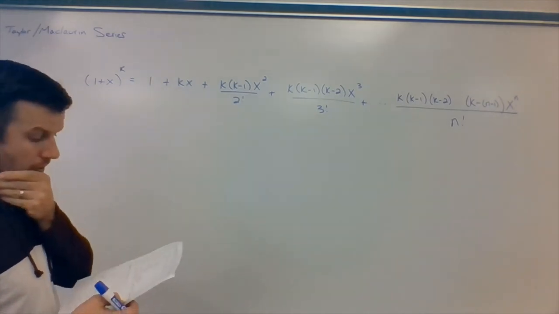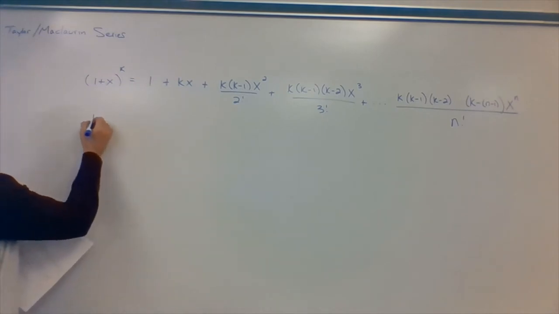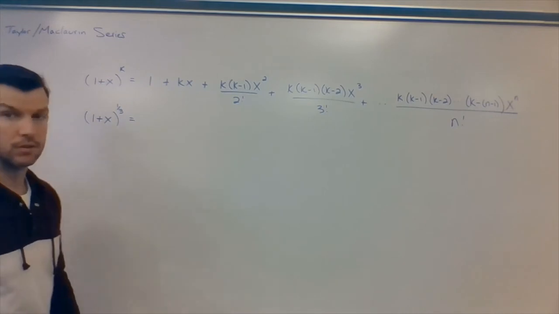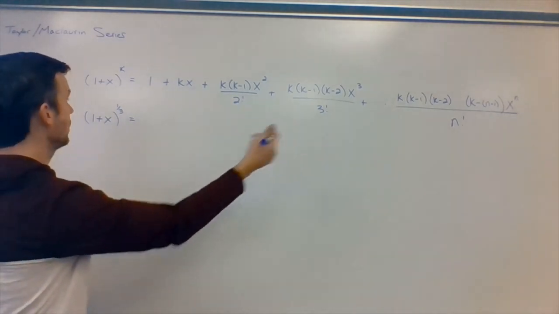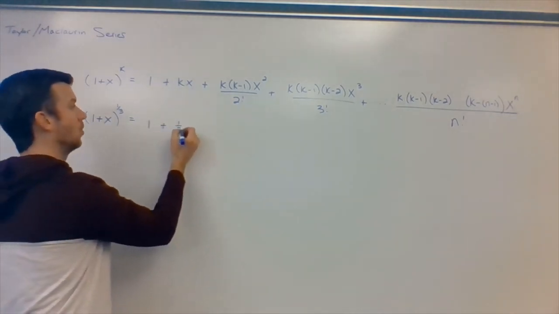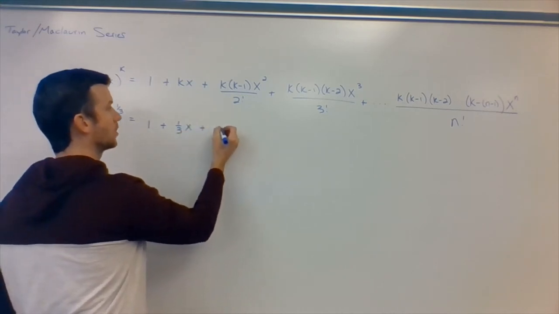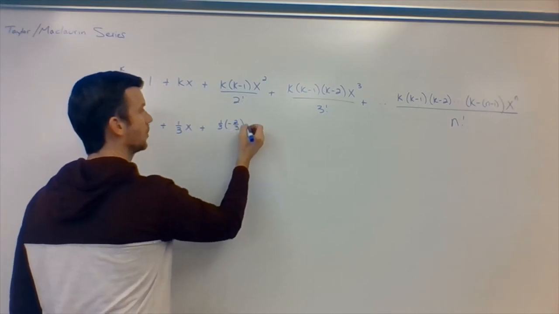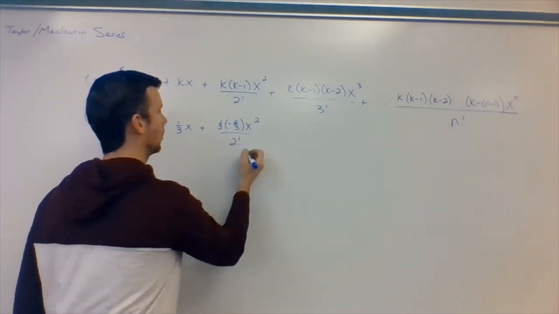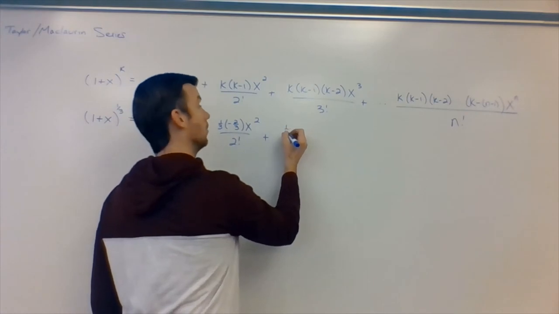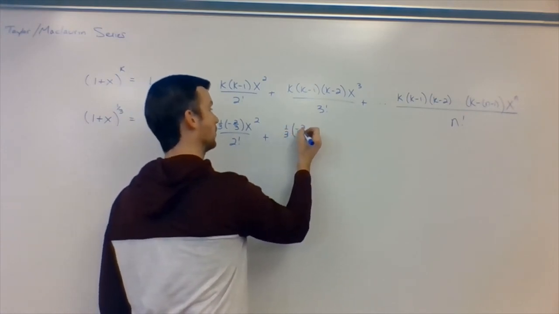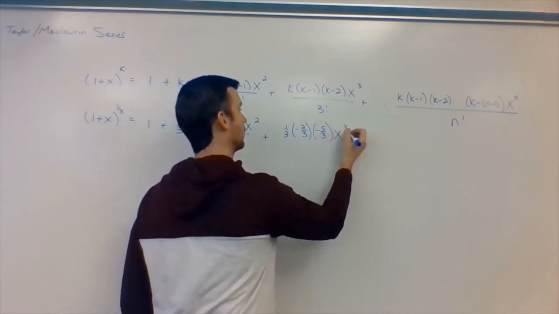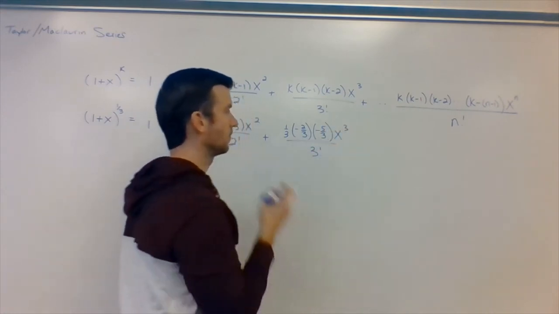Okay, so in example number 5, we have 1 plus x to the 1/3 because it's a cube root. So using what we just created here, we would have 1 plus 1/3 x plus 1/3 times negative 2/3 x squared over 2 factorial plus 1/3 times negative 2/3 times negative 5/3 x to the third over 3 factorial.